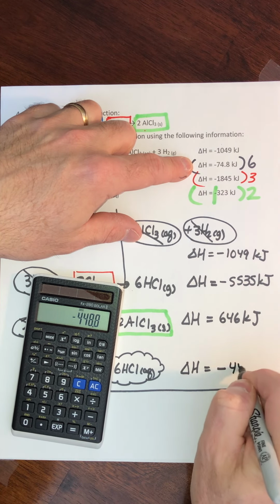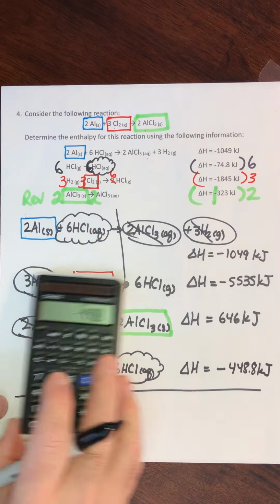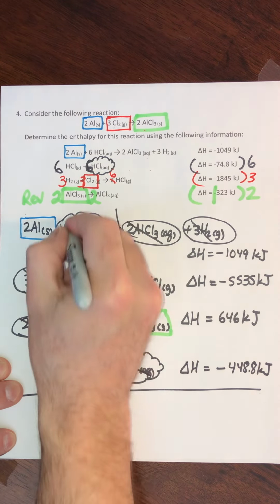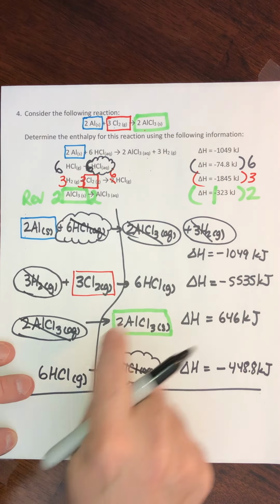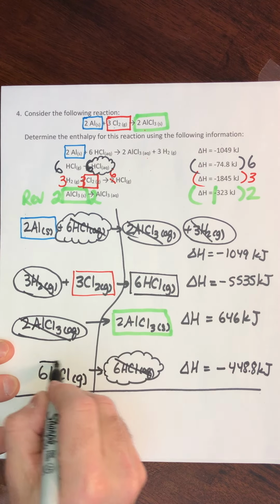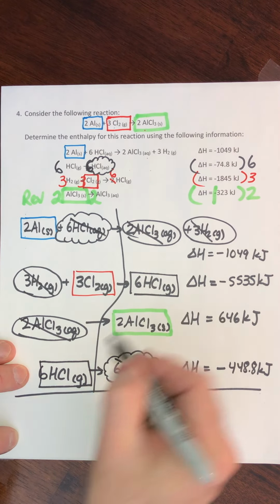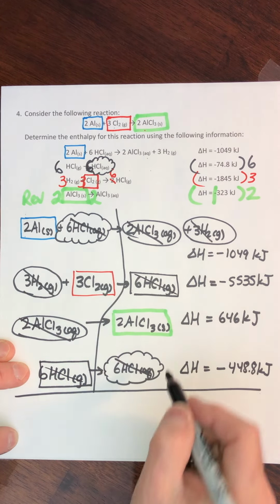That's a negative 448.8 kilojoules. Okay, these cancel. And you can see that my 6 HCl gas here now have something to partner with. They're a matching pair. They're both gases, so they cancel.